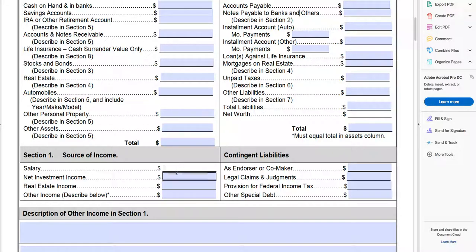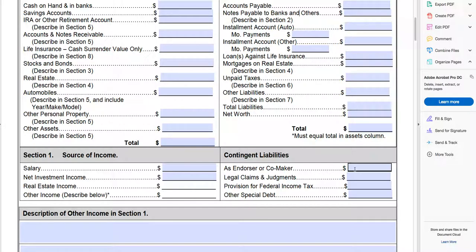Net investment income is income from dividends and interest earned on stocks and bonds. Real estate income is any annual rent that you receive from your real estate. And other income is child support, pension, as well as distributions that you get from your business.